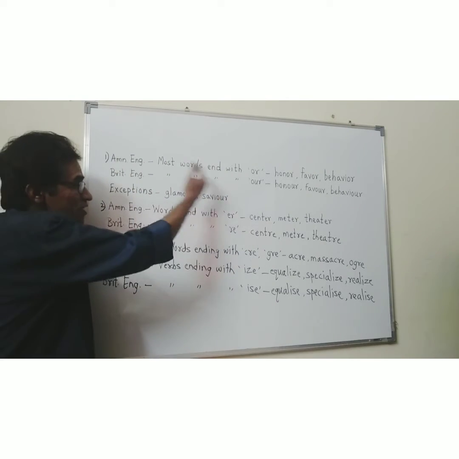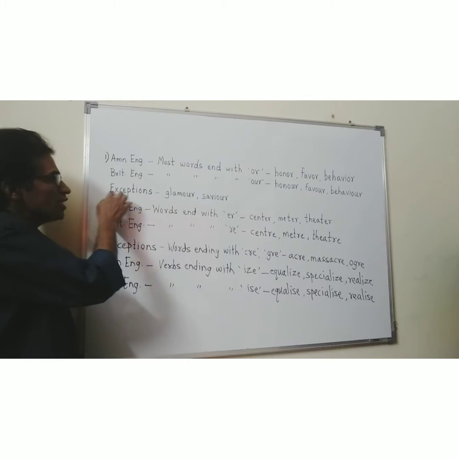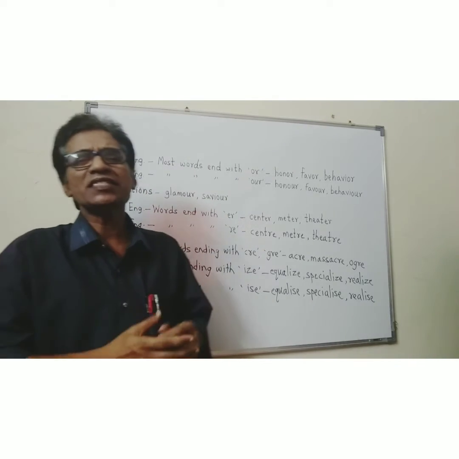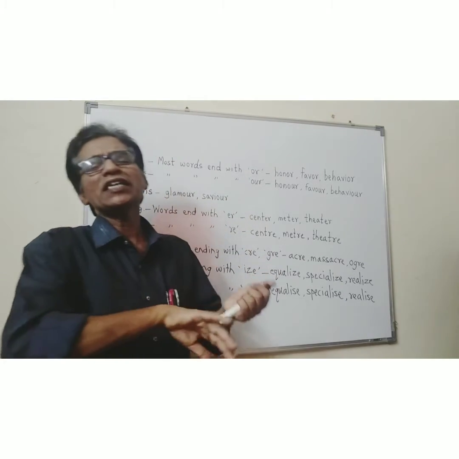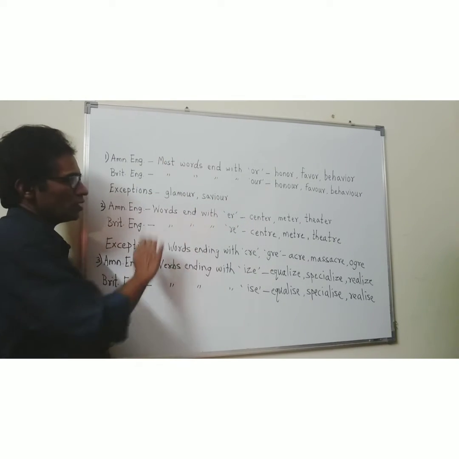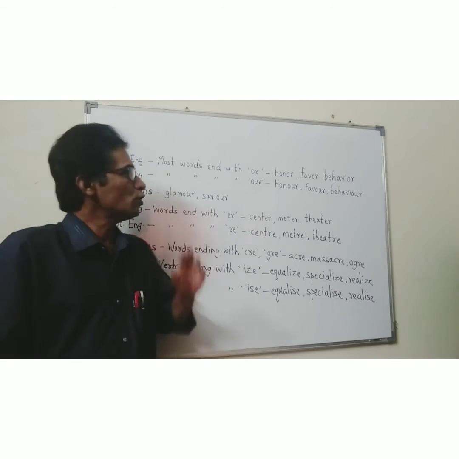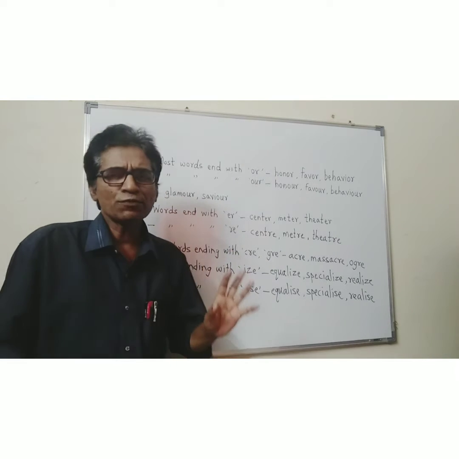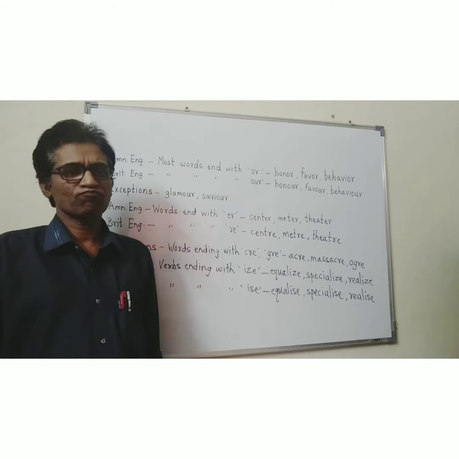Before we turn to the second one, you can see the exceptions. These words are written the same in British and American English. For example, glamour: in both American and British English, the word ends with OUR.